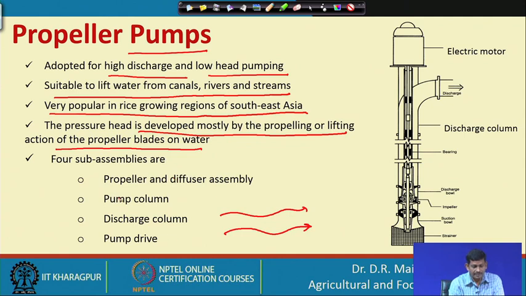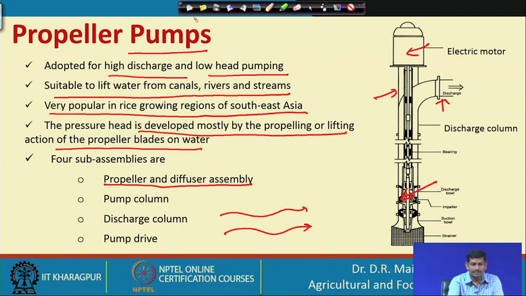Okay. So, the assembly will have a propeller and diffuser assembly here, and the pump column. This is the pump column and this is the discharge column, and this is the pump drive.